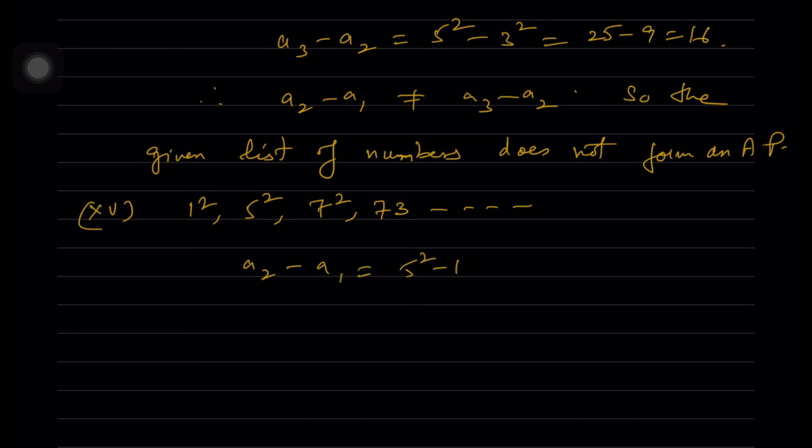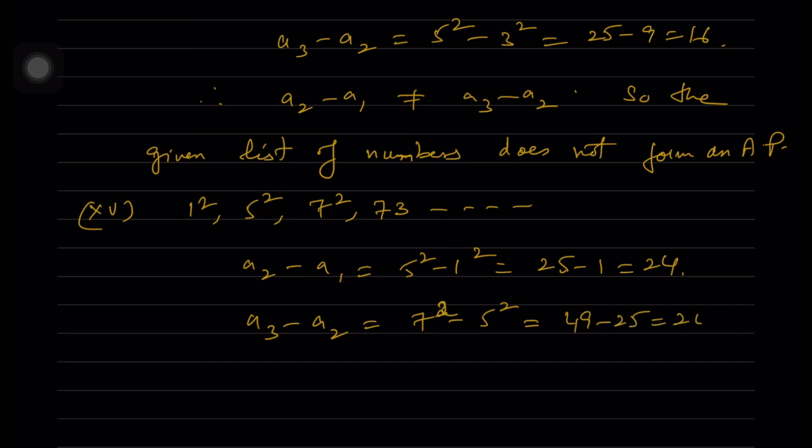Let's go to the next, the 15th one: 1 square, 5 square, 7 square, 73, and so on. So a1, a2, a3, a4 are given. a2 minus a1 is equal to 5 square minus 1 square, which is 25 minus 1, which is equal to 24.